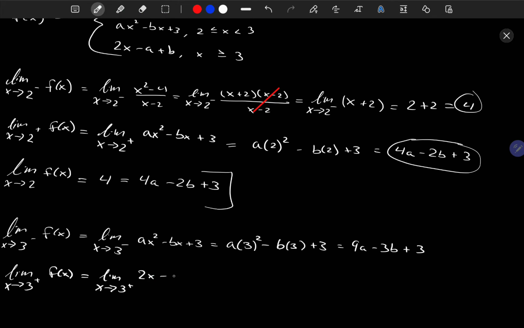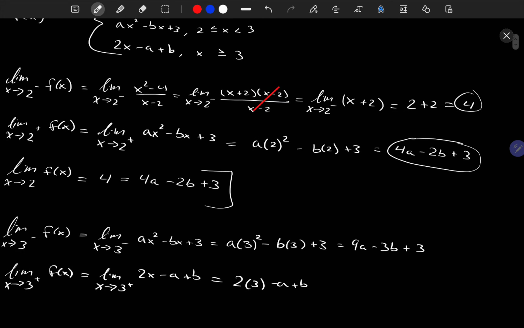So we have 2x minus a plus b equals 2 times 3 minus a plus b. And 2 times 3 is 6, minus a plus b. And we can be decent and write it in order: negative a plus b plus 6.